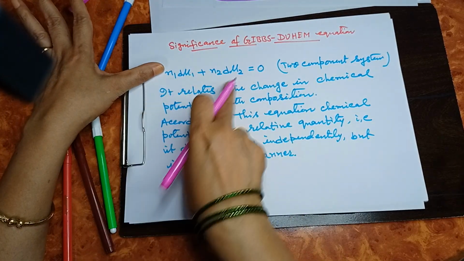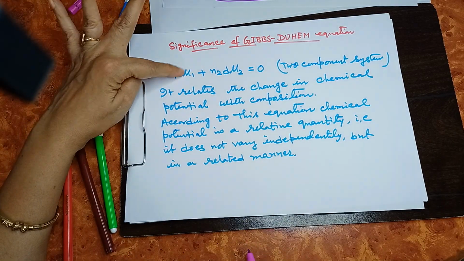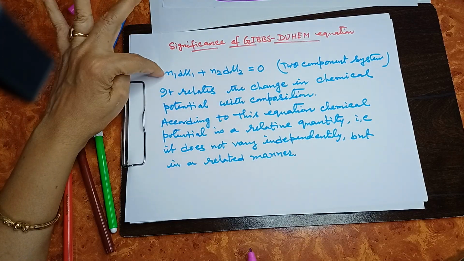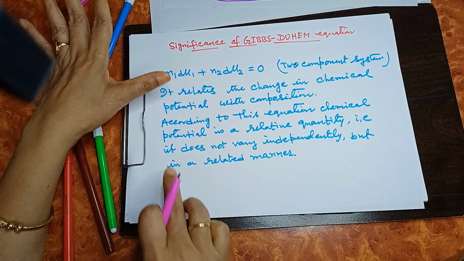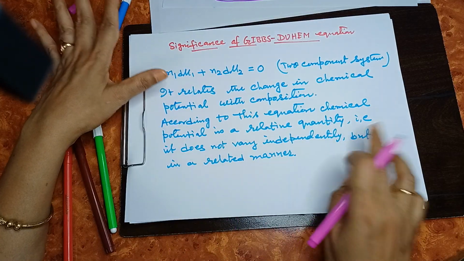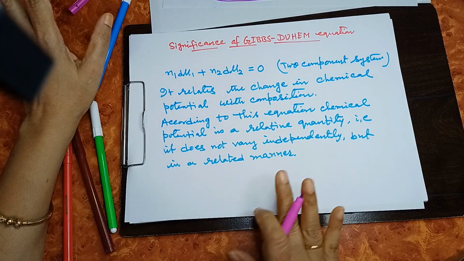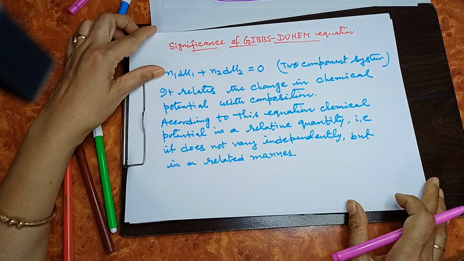So what is indicated by that? It relates the change of chemical potential with composition. According to this equation, chemical potential is a relative quantity, that is, it does not vary independently but in a related manner.